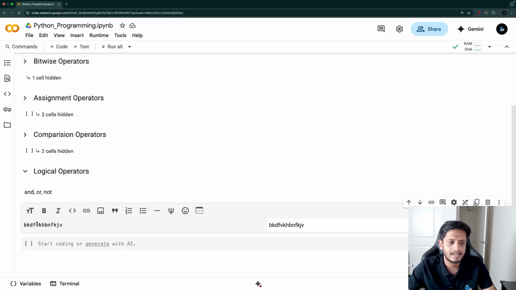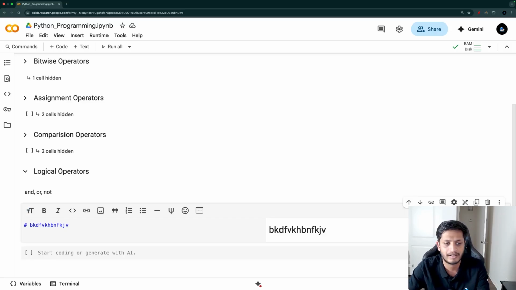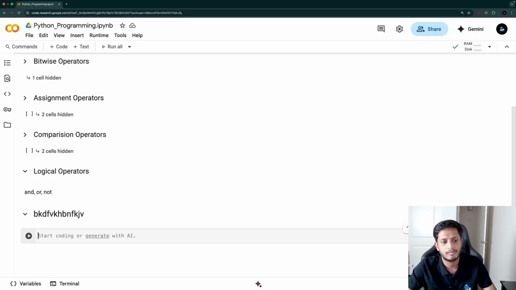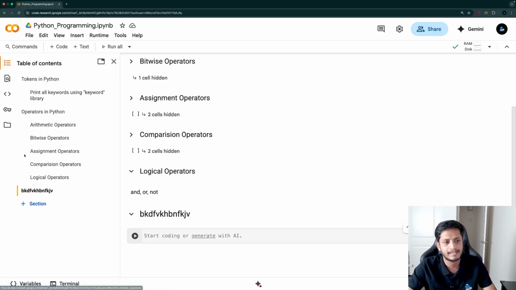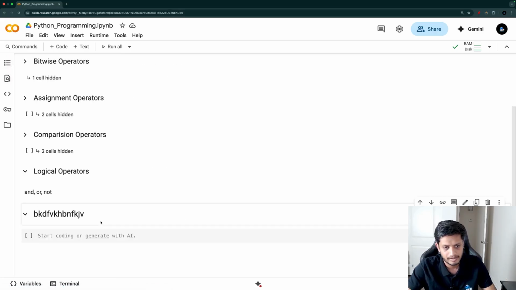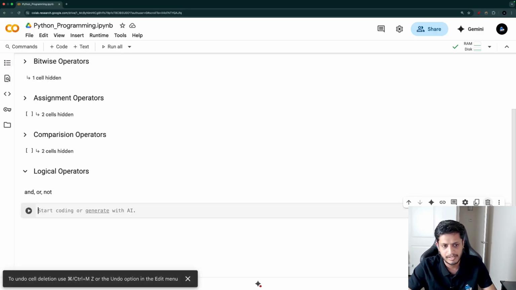And in this text cell you can enter markdown as well. Markdown means you can enter a heading, subheading and so on. If I write hash, it will give me a heading, double hash gives me a subheading and so on. The benefit of subheadings is that when you go to the index you will see all the headings and subheadings here and you can jump to any one of them. Okay, so that is how you can use the text boxes.